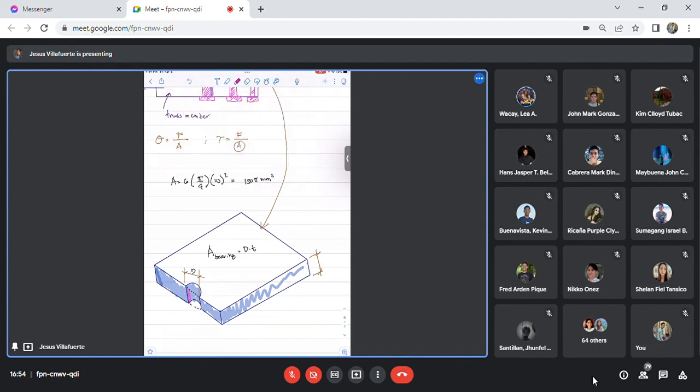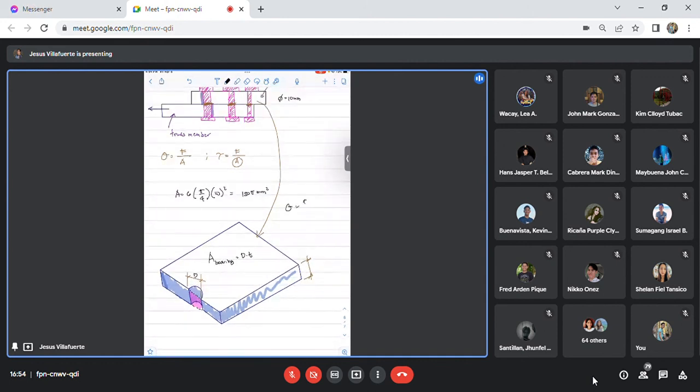That is your bearing area. When you say bearing stress, that is force over area, and this area refers to the bearing area.